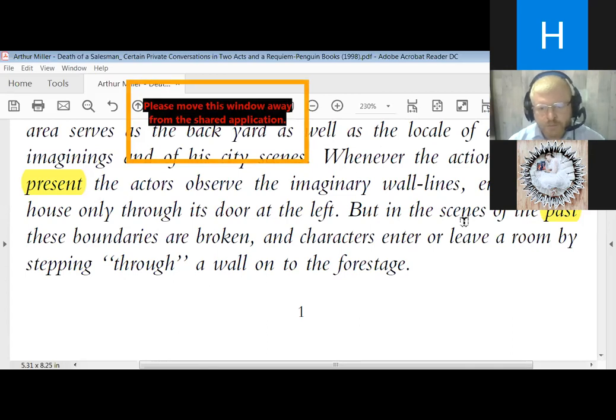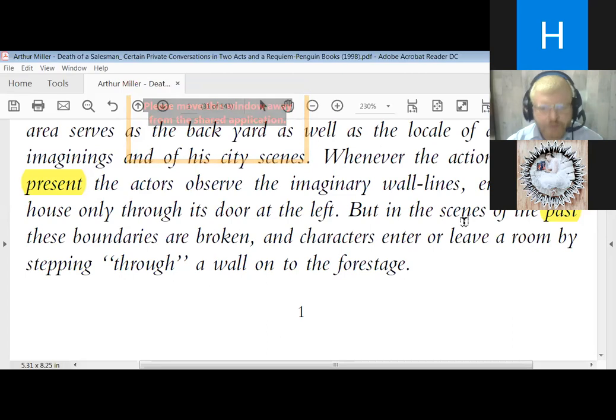If the characters or the actors observe the imaginary lines or walls, then the action is in the present. If they do not observe these walls and go through them as if they do not exist, then the action is taking place in the past.